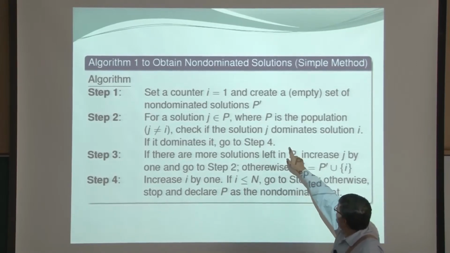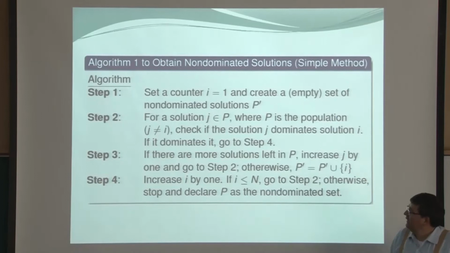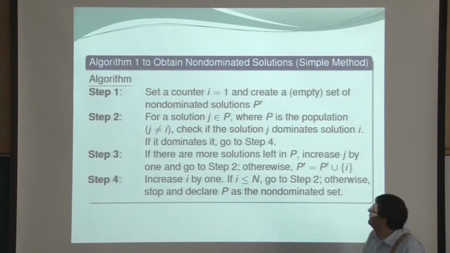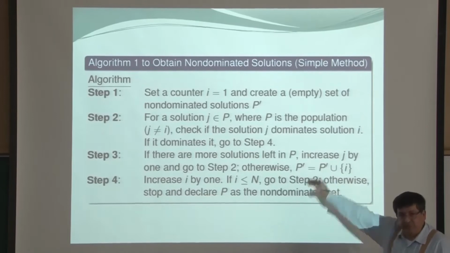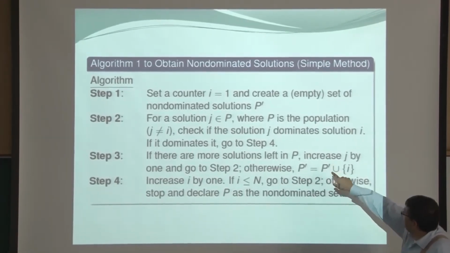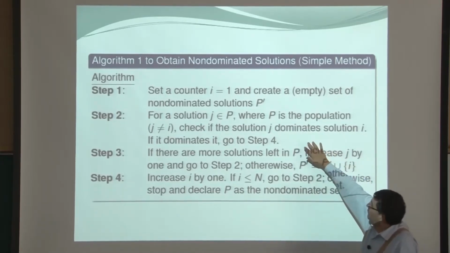Check if J dominates I. If it does, then you go to step 4. Obviously, if this is not the case, you just move to step 3. And if there are more solutions left in P, increase J by 1 and return to step 2. Very, very simple. Okay, so let's do this step first.